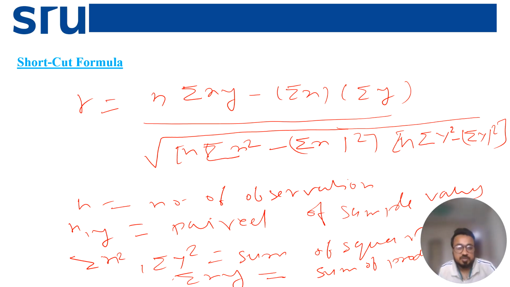Okay, so this is the shortcut formula for finding the Karl Pearson correlation.